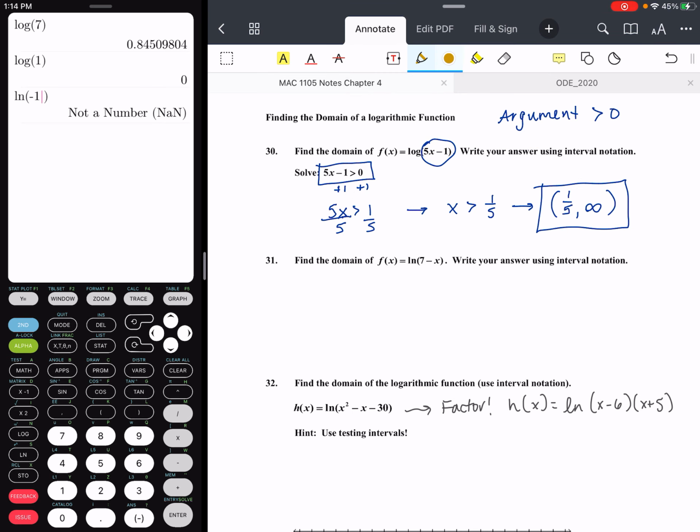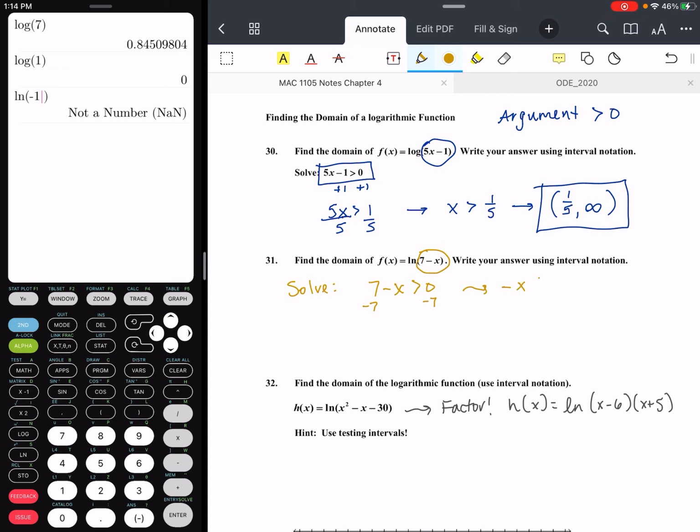All right, for number 31, find the domain of f of x equals natural log of 7 minus x. We're taking the log of 7 minus x, that's the argument. So we're going to solve 7 minus x greater than 0. So you can do this a few ways. Probably most of you guys would subtract 7 from both sides.